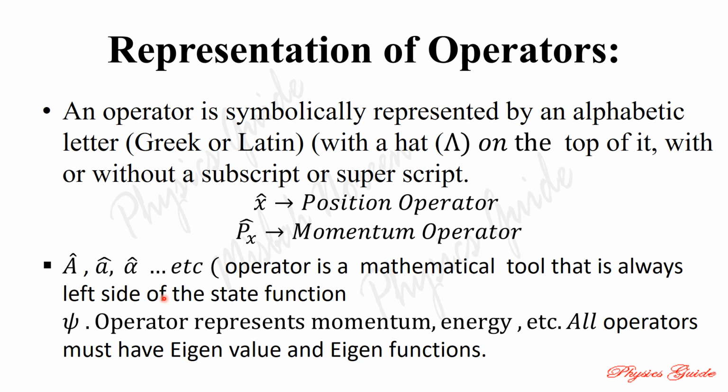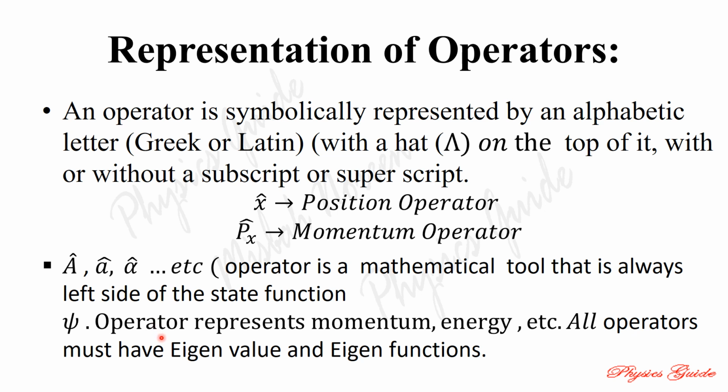So an operator is always put on the left side of the function, whether it is a state function, wave function, or state vector. If we put it on the right side of the function, then it does not mean an operator, we do not operate on the function. So for measurements of the different quantities in quantum mechanics, we always operate the operator on the left side of the function.